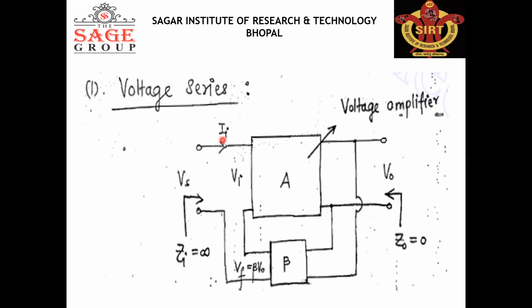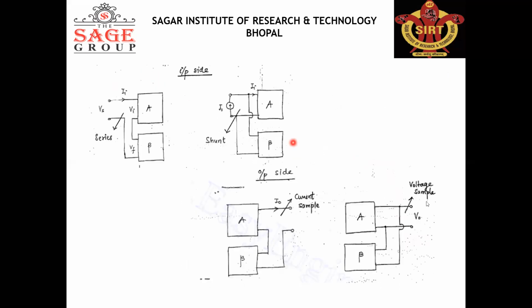So here this is the input, this is the amplifier, this is the output. So voltage series. Sampling is done in the form of voltage, and we have noted that when sampling is done in the form of voltage, the output should be connected in parallel form.